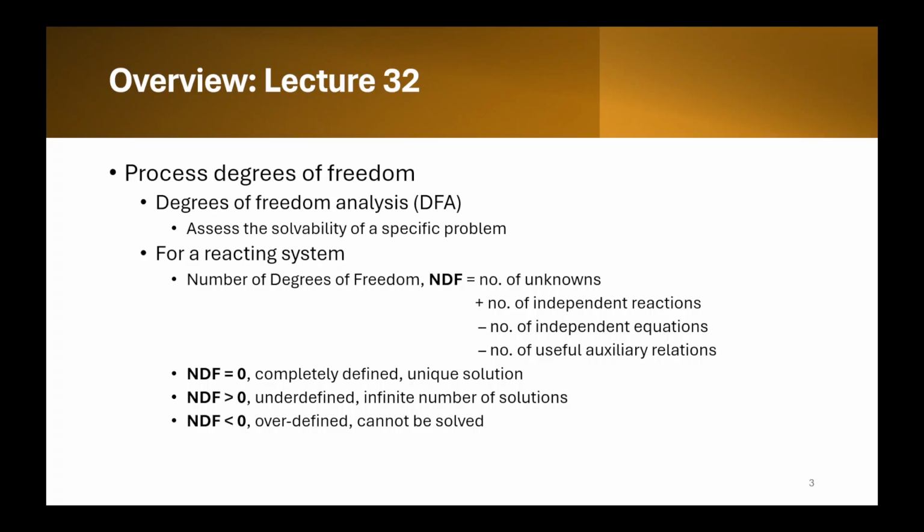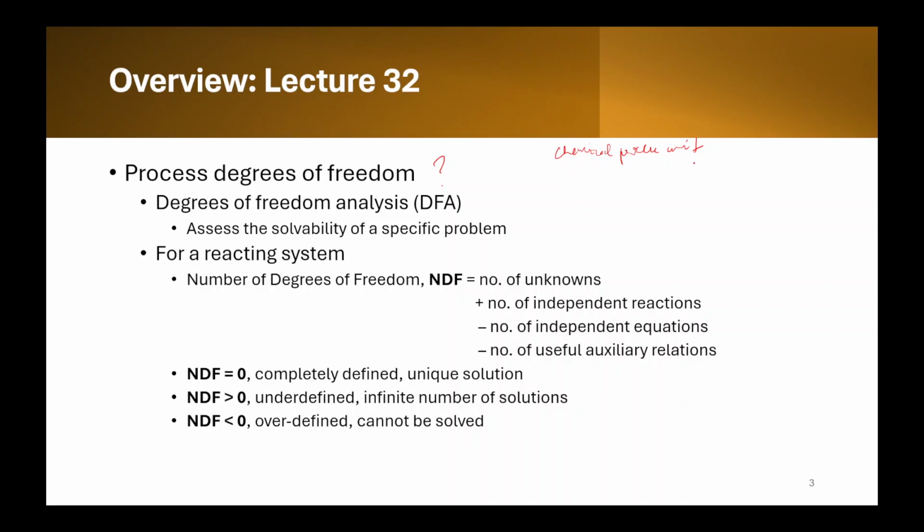In lecture 32, we dealt with the process degrees of freedom. Why do we need these? Suppose you have a chemical process unit, and there is a problem statement given to you, either to optimize or increase the yield, or optimize the flow rates or anything.